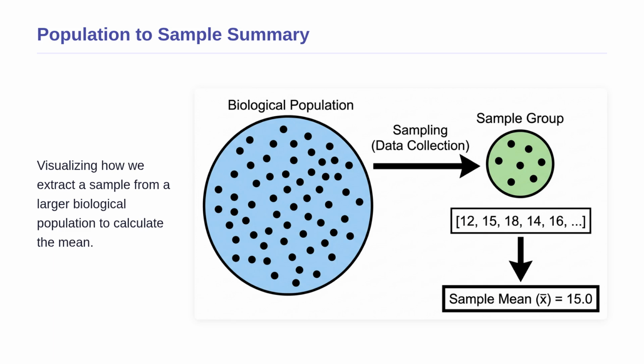We take our raw measurements from this small group, represented by the numbers in the box. Finally, we calculate the sample mean, reducing all that raw data into one powerful representative number at the bottom. This diagram perfectly captures the essence of biostatistics, learning about the massive population by carefully analyzing a small sample.